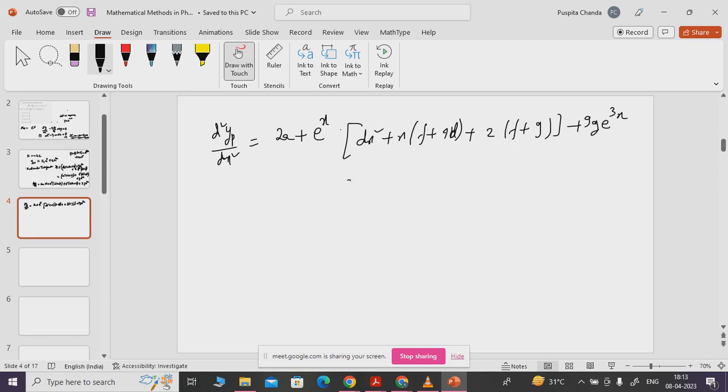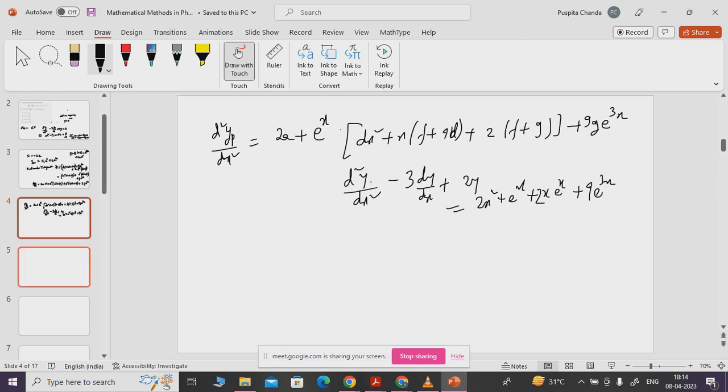Putting all that in the given equation, d2y/dx2 minus 3 dy/dx plus 2y is equal to 2x square plus e to the power x plus x into e to the power x, there is a 2, plus 4e to the power 3x.